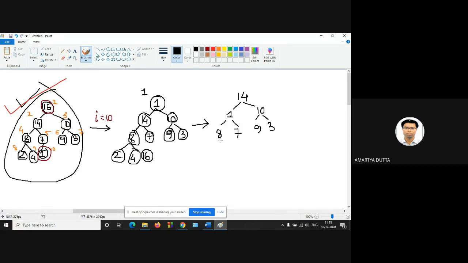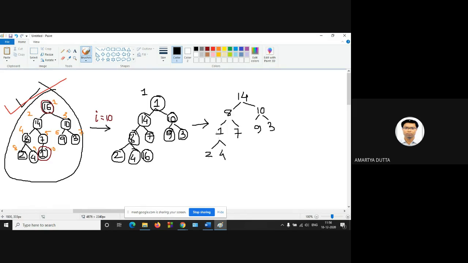From 8 we get 2 and 4. Now we have to exchange this 8 with 1. So this will be your 8 and this is your 1.